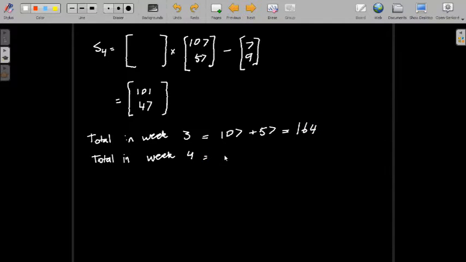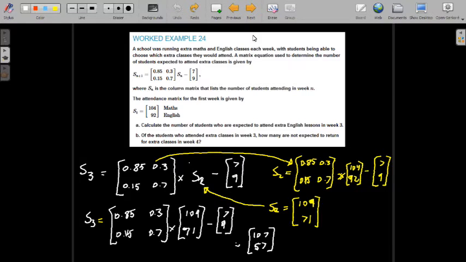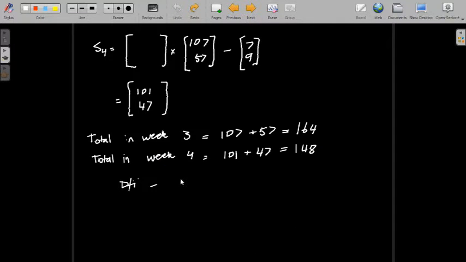In week 4 we had 101 plus 47, so 148. So the difference is going to be 164 minus 148. So we've got 16 students. So it's estimated that there were 16 students that attended extra classes in week 3 that didn't attend in week 4.